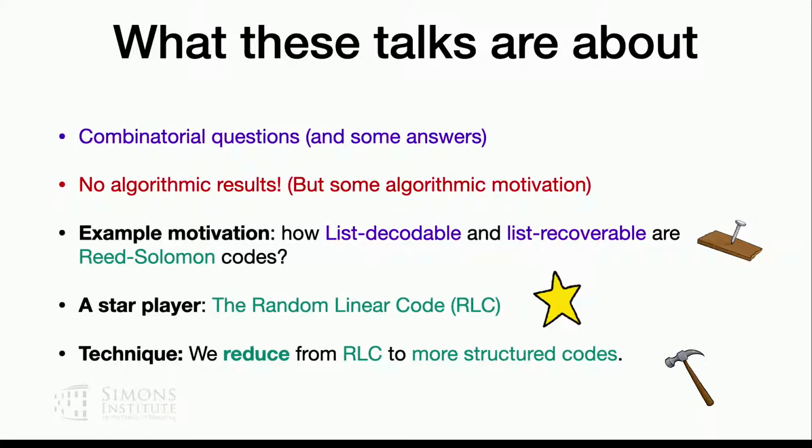So we'll see, for example, how we can infer something about the behavior of Reed-Solomon codes, which are very interesting to us because they are structured, have some nice algorithms, and are very important. How we can use things we know about a random linear code and infer from them about these more structured and sophisticated codes. So this is going to be the main technique that we'll be exploring.